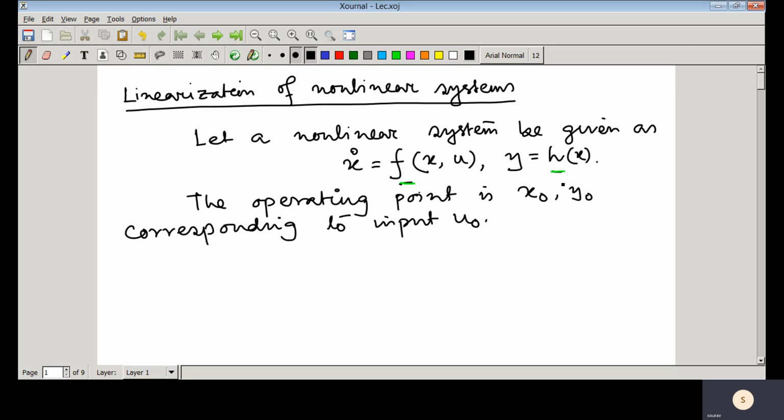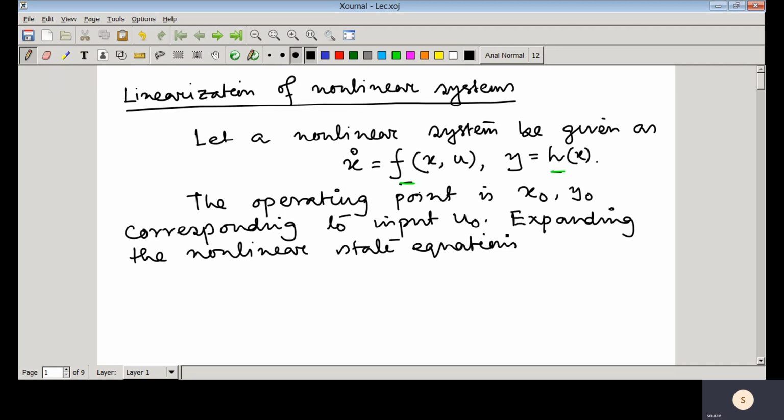So first we would like to expand the nonlinear state equations, that means the system equation as well as the output equation, into a Taylor series.